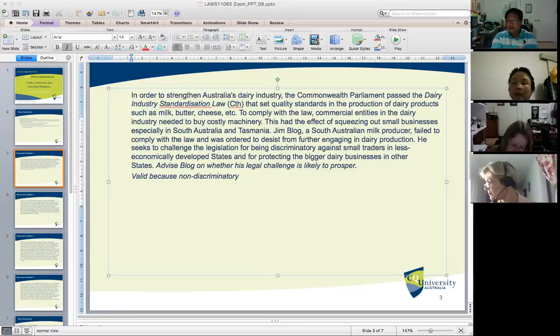So the mere fact that the Commonwealth Parliament ends up discriminating against certain states or may end up discriminating against certain consumers or even certain traders is not per se a ground for the law to be unconstitutional. What is not permissible under the Constitution, according to Cole versus Whitfield, is that the legislation is relevantly discriminatory. That is, it must be discriminatory of the protectionist kind.